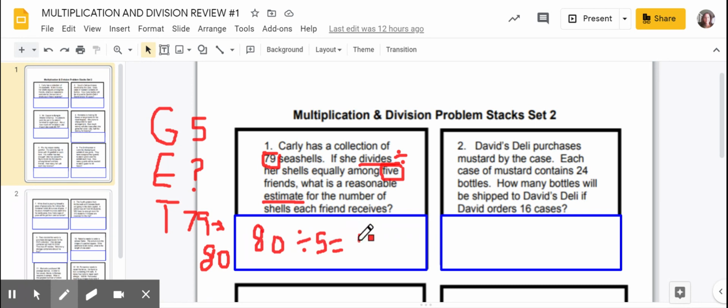We can get 1 5. Okay, so 8 minus 5 would be 3. And then if we drop our 0 down, we're now going to get to 30. 5 times 6 is 30. So each friend will receive 16 shells.